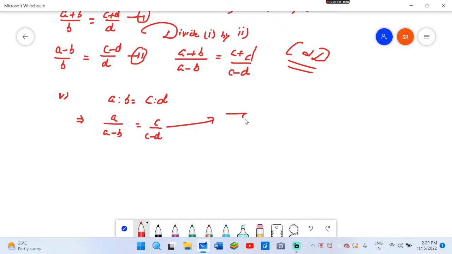C-O-N-V-E-R-T-E-N-D-O. Convertendo. I leave this property for you to prove. See all about the properties.